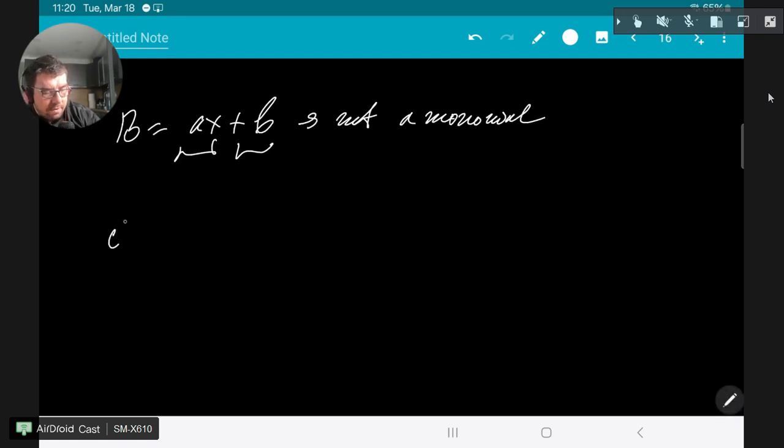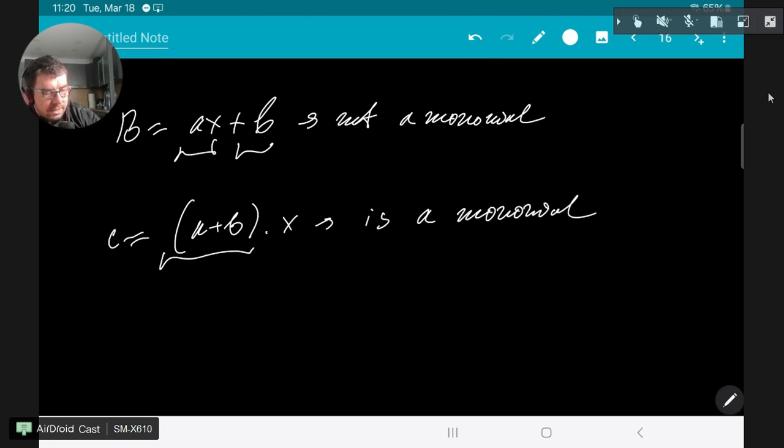But if I have c, a plus b times x, this is a monomial. Because if I'm adding two numbers, I get a number. So this is a constant, a number, and this is a variable. So I have a multiplication between a constant and a variable.